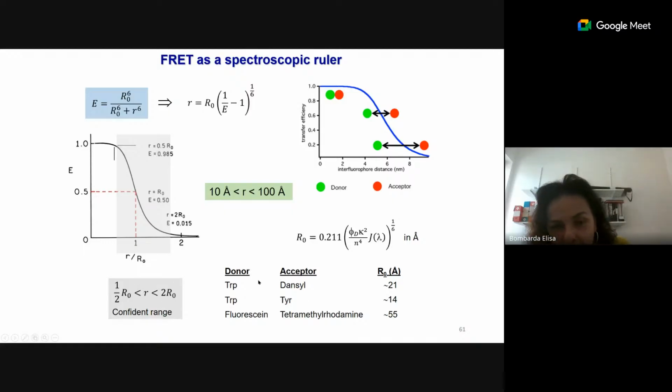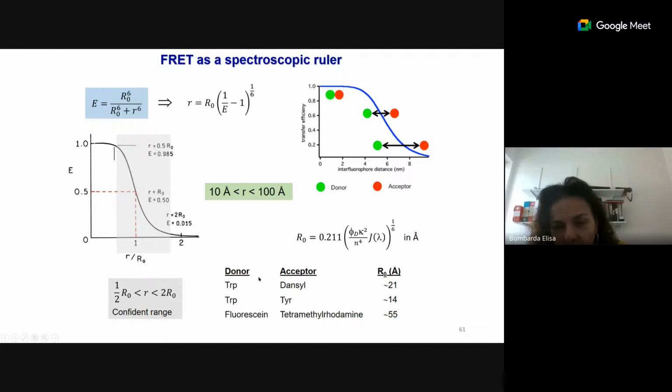So here is an example of a FRET pair. The donor here would be the tryptophan, and the acceptor is called dansyl. Considering their characteristics, the quantum yield and the overlapping integral of their spectra, we have an R0 of 21.